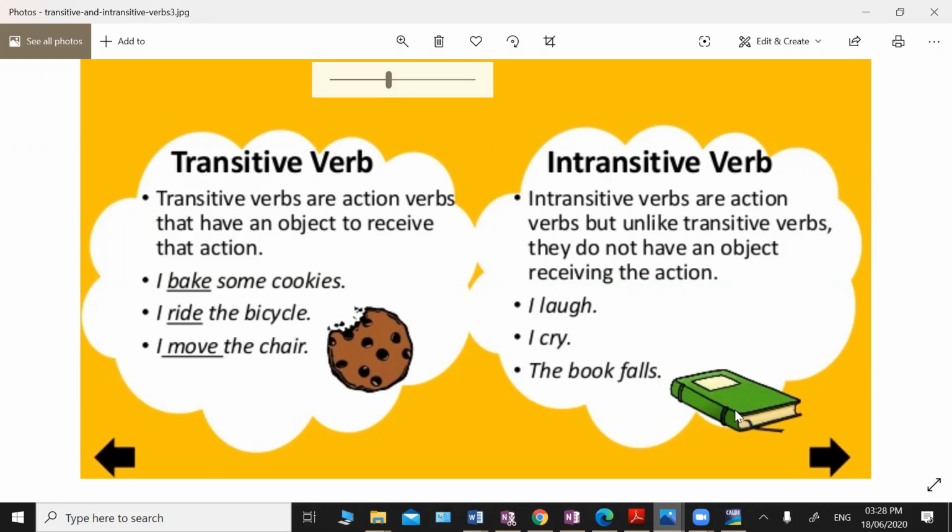For example, I laugh. It makes sense that I laugh. I cry. The book falls. You can go for further, or maybe in the coming chapters there will be some grammar chapter which explains the transitive verbs and intransitive verbs in more detail.